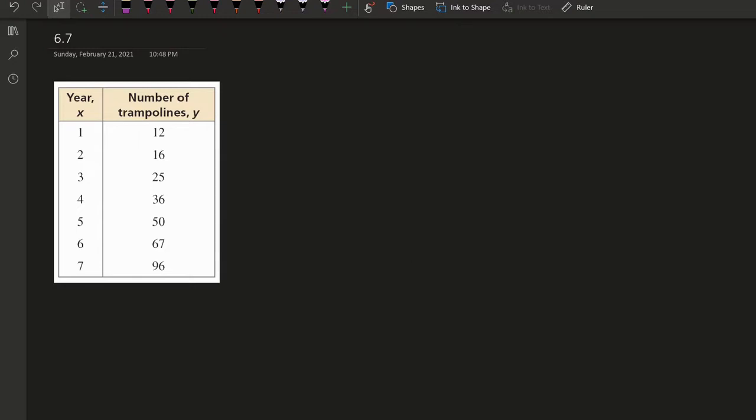So in this case, we are asked to find an exponential model that shows the relationship between the number of years a store has been in business and the number of trampolines that they sell. So if I were to look at this, I'm just going to draw a quick graph.